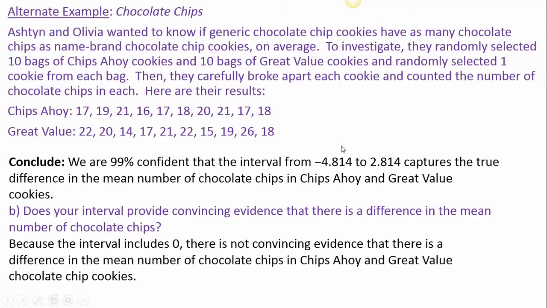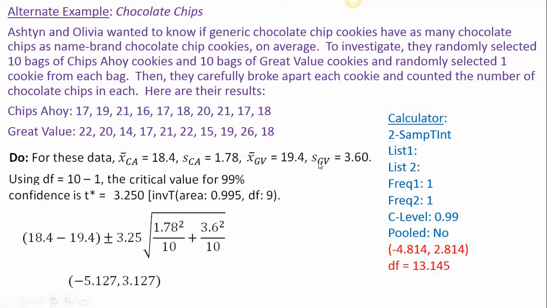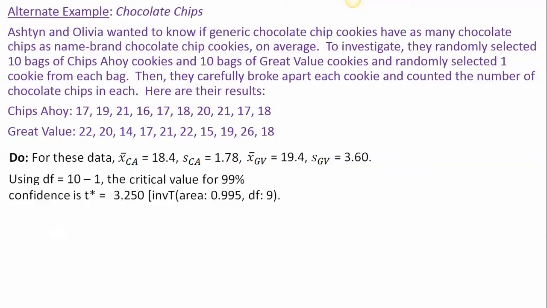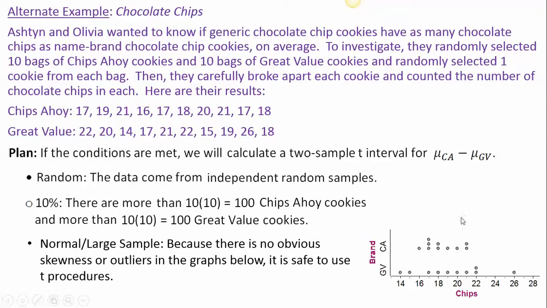So this negative is saying that we went ahead and subtracted, let's go back and look, our mean had Chips Ahoy minus Great Value. If this is greater than 0, that means Chips Ahoy has more chocolate chips than Great Value. If this becomes negative, then that means Great Value has more chocolate chips than Chips Ahoy.